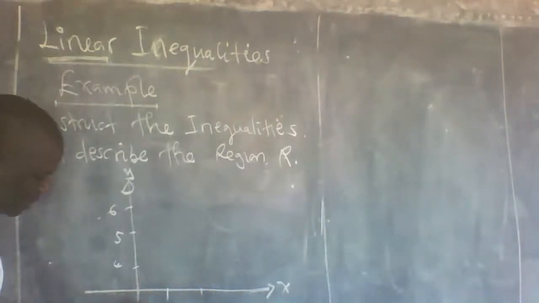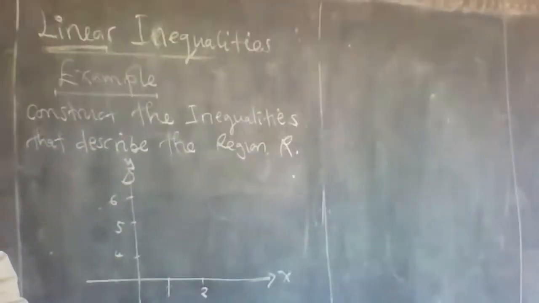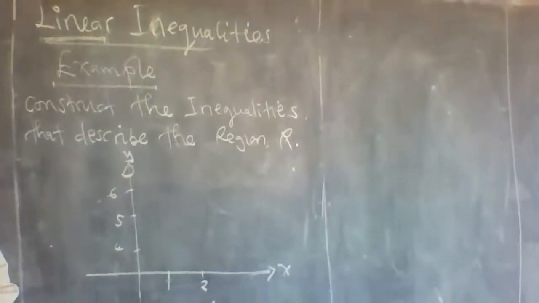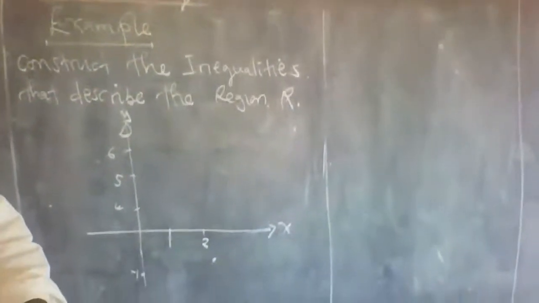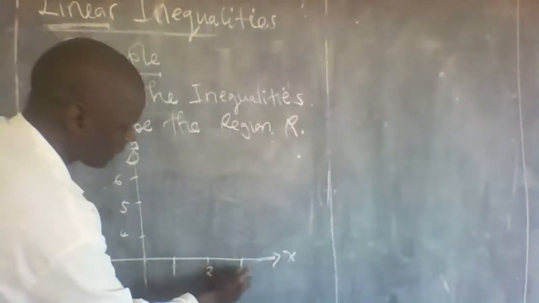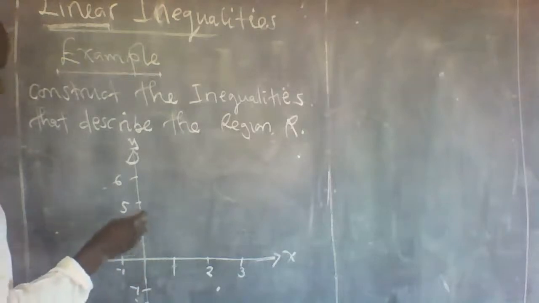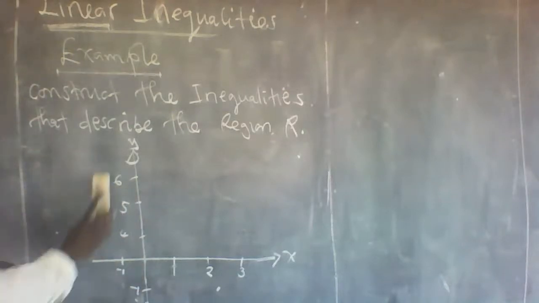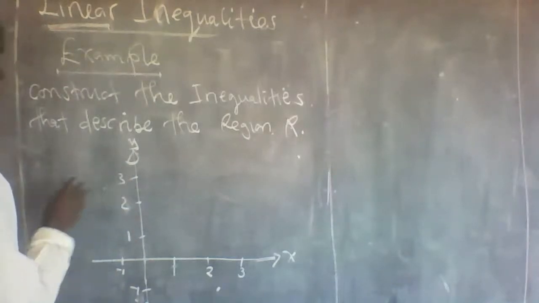Sorry about that. So this is 1, this is 2, that is our 3. This is negative 1, and down here you can also have negative 1. Then the scale is very bad. So this is 1 here, this is 2, this is 3.